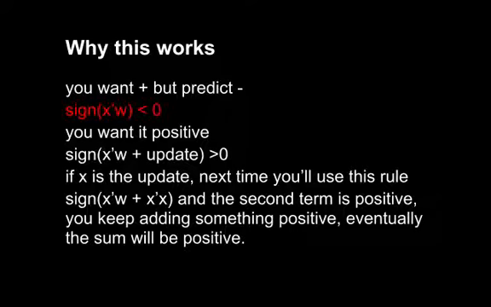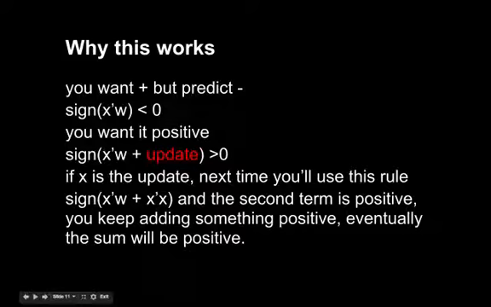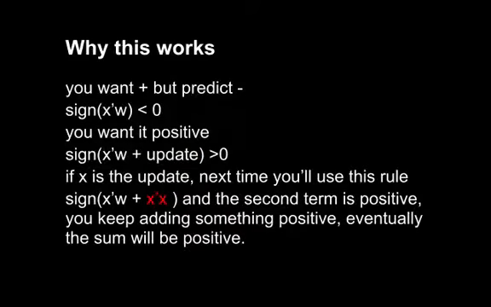And we know when we see the new data point, we're going to be doing the dot product over again. And so our update, by being just x itself, next time we're going to have the same thing, this x times w, which we know is negative, and the new part, which is just x times x, the dot product of x with itself, which is positive.